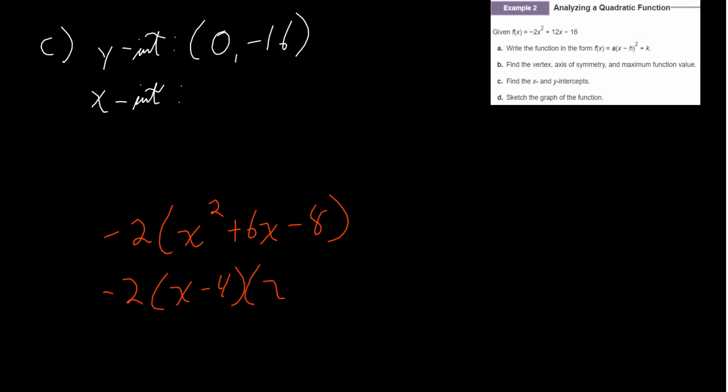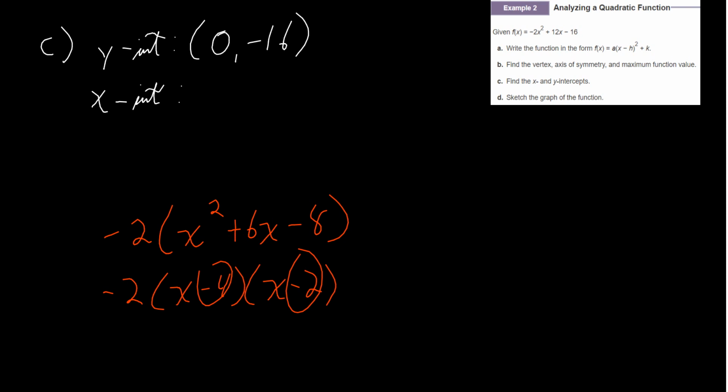We can factor out a negative 2, and we've got x squared plus 6x minus 8. This is pretty easily factorable. It factors into x minus 4, x minus 2. And so these are my x-intercepts, positive 4, positive 2.